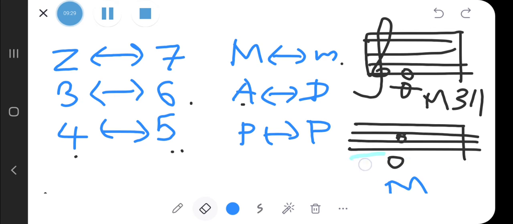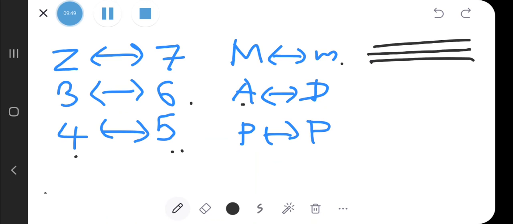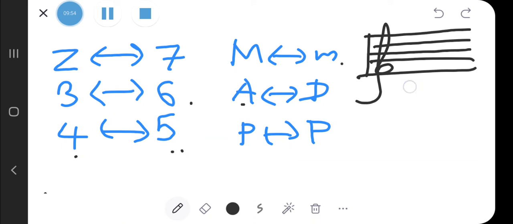Another one. We'll take an augmented interval. C to G sharp, the augmented fifth.